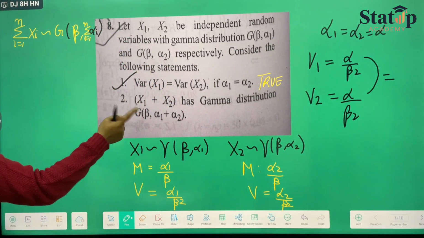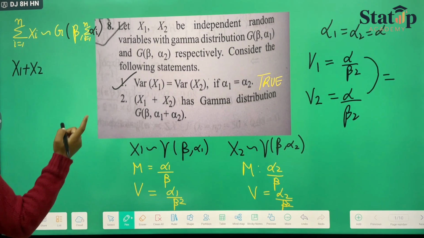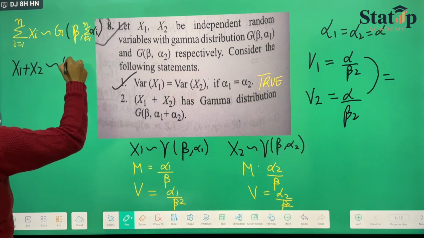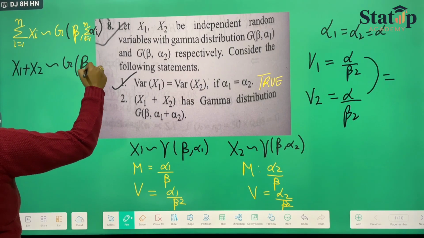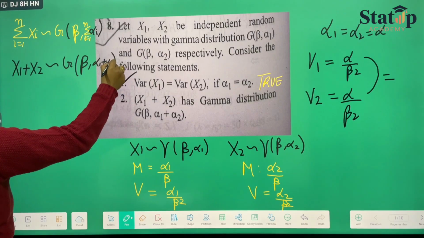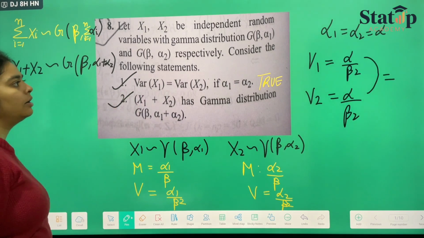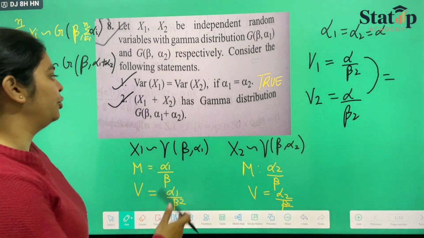If we are talking about two variables, instead of summation xi, I can write x1 plus x2, which follows gamma distribution with beta and alpha 1 plus alpha 2, the summation of alpha i's. So this matches our option number 2, and hence our statement 2 is also true.